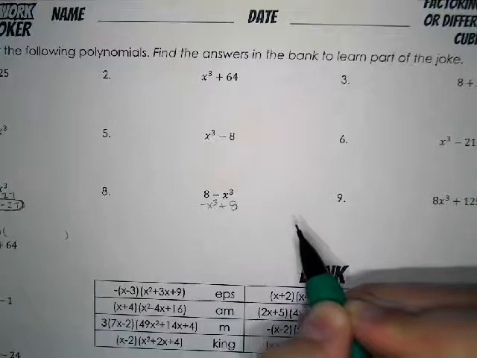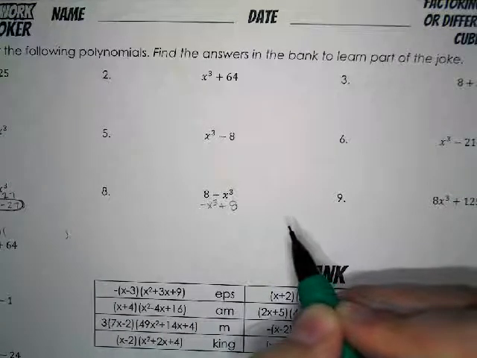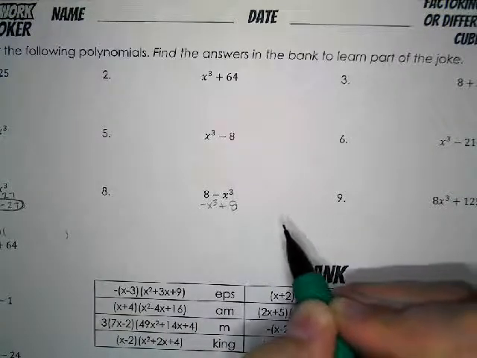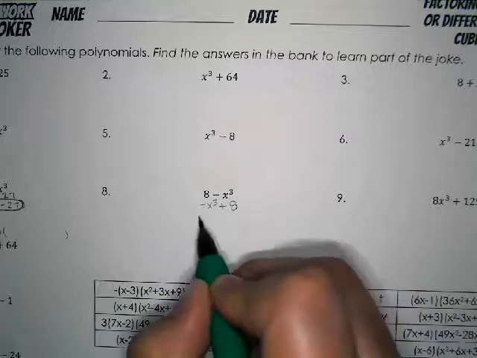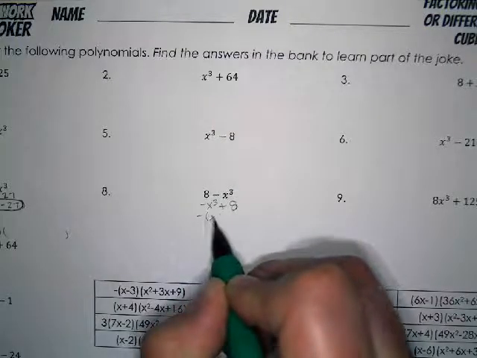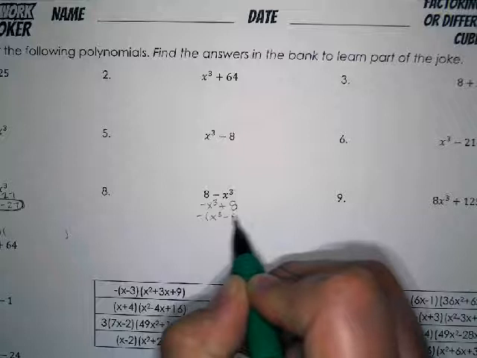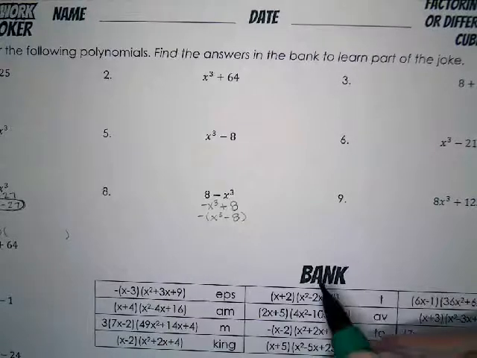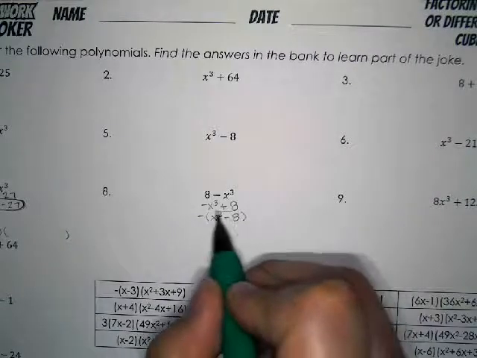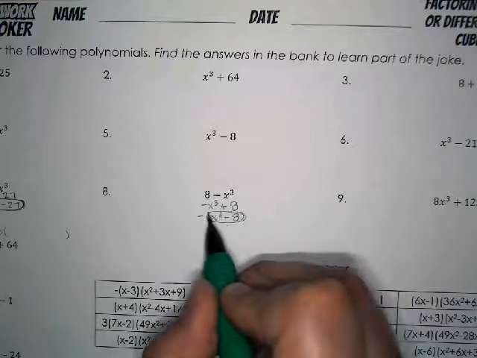So take the negative out, put it in parentheses. Okay. And so now we know this is the problem we're working with. But our final answer, whenever we're done with the problem, is going to have a negative sitting in the front of it.